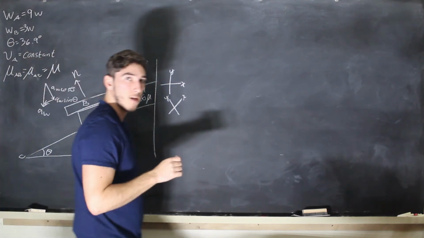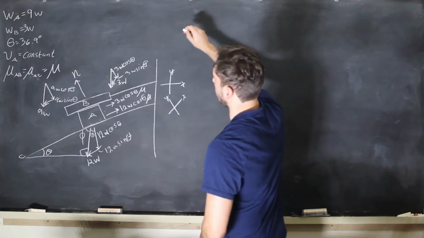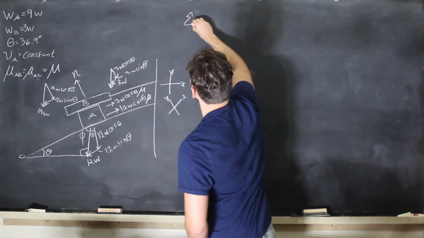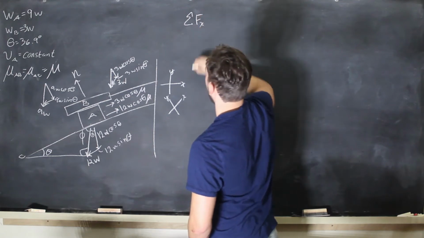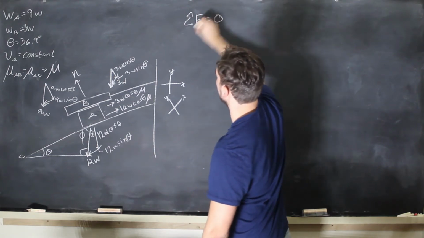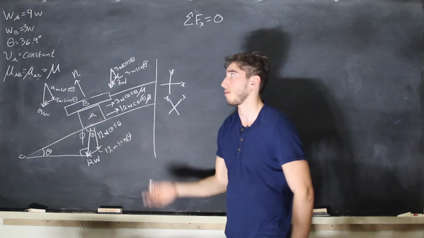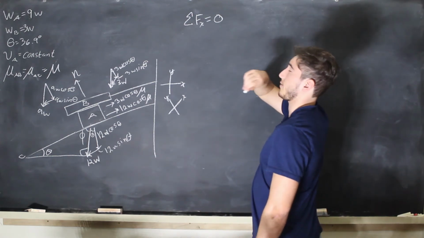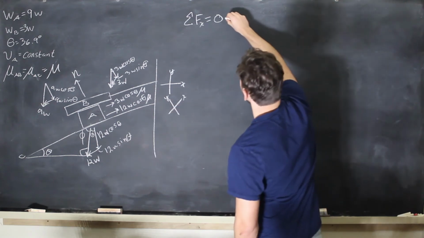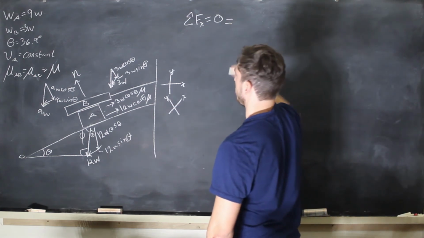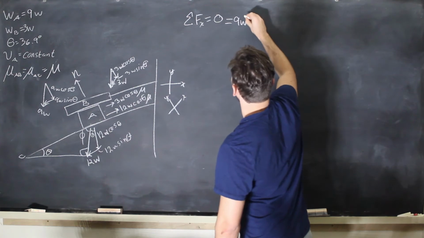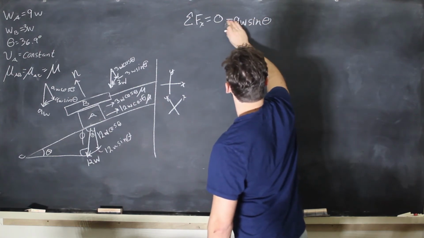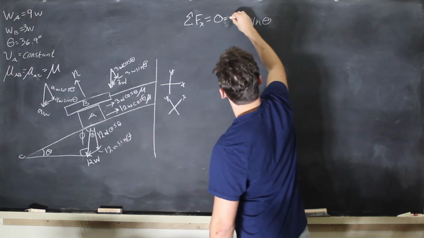So when we do the math, the sum of the forces parallel to the ramp, which we're going to call F of x, is equal to 0, since, again, the velocity of A is constant, so acceleration is 0, and acceleration times mass is 0. That's going to be equal to 9W sine theta, which we're going to make negative.